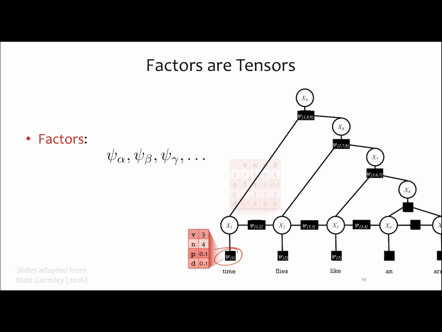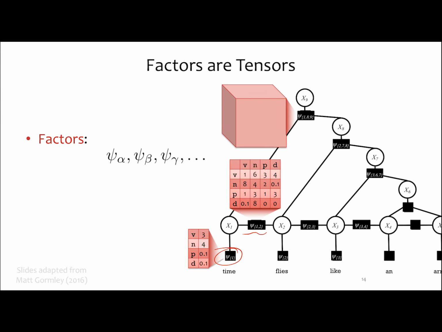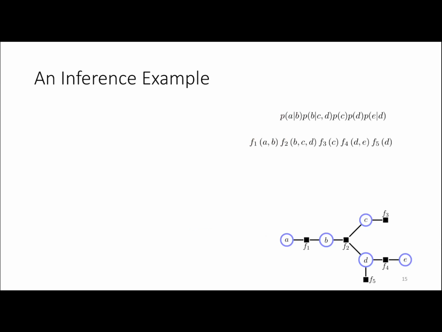And for binary factors, for example this one, which is a function of two random variables, you can view it as a table. And so on and so forth. For example, if we are talking about a factor that is a function of three random variables, you can view it as a tensor of order 3, right? Hopefully, we have already discussed this, but I need to make sure that we are all on the same page.